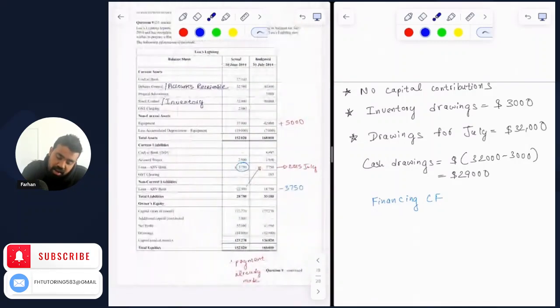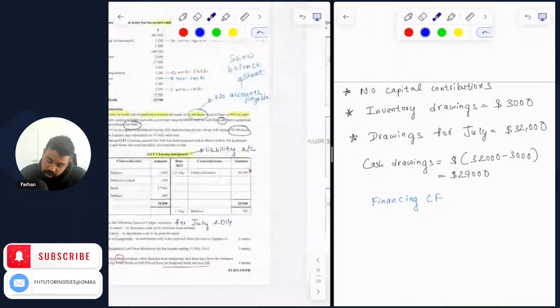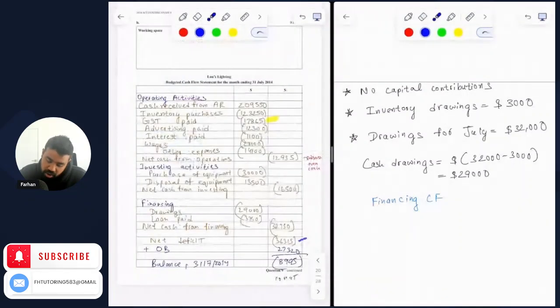You can see at the end of 30 June 2014, we had cash at bank as an asset of $27,320. So that is what we're adding here. Minus 36,315 plus 27,320 gives us negative $8,995 as the closing balance we expect to have at the end of 31 July 2014.